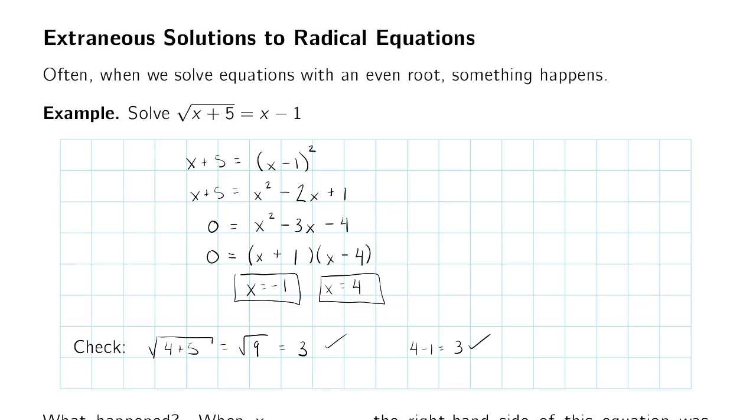But if I plug in negative 1 on the left, I'll have the square root of negative 1 plus 5. That's the square root of 4, which is 2. But then I have negative 1 minus 1 is negative 2. Those are different. What happened?